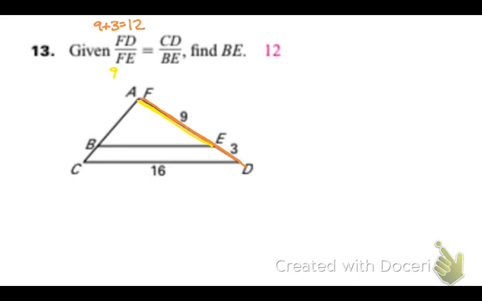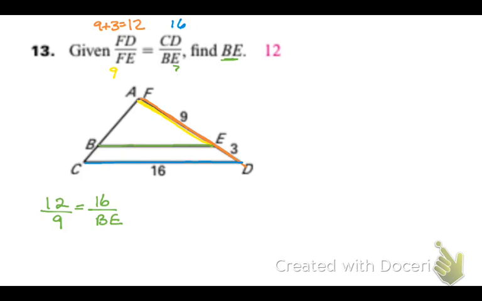Okay, it's equal to CD, what's that big guy right there? CD, which is 16, over BE, which is this guy right here. And that's the one we don't know because it says find BE. So we have 12 over 9 is equal to 16 over BE.